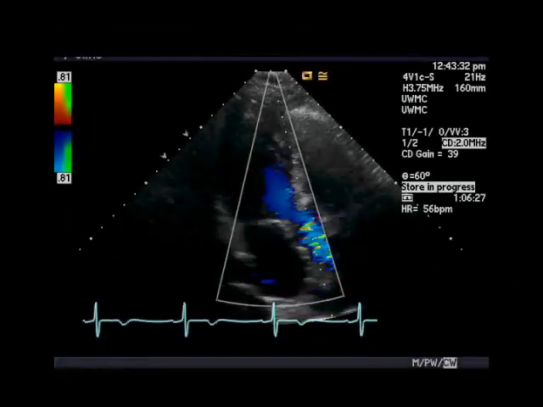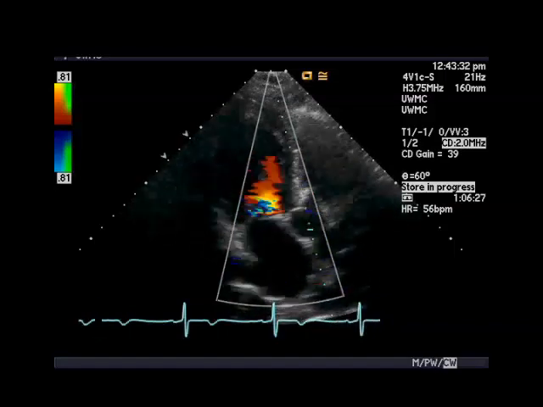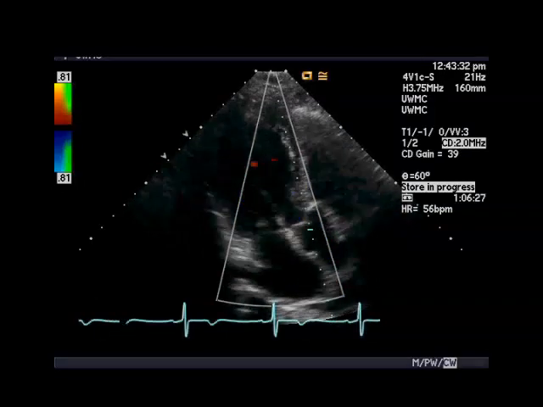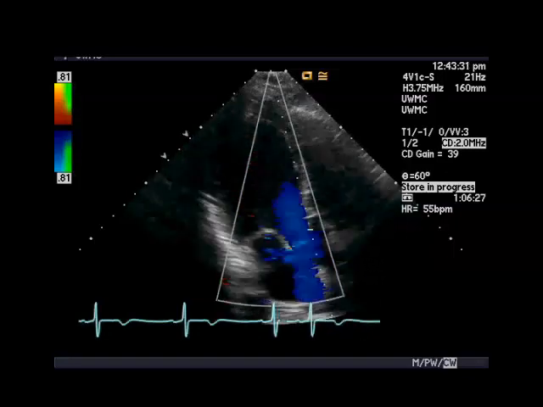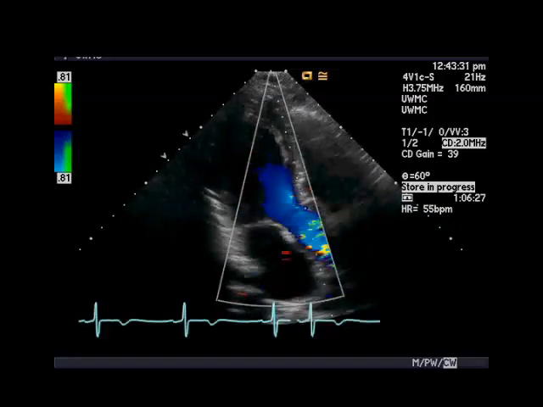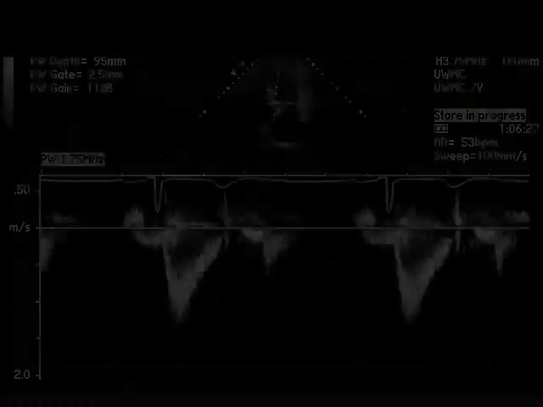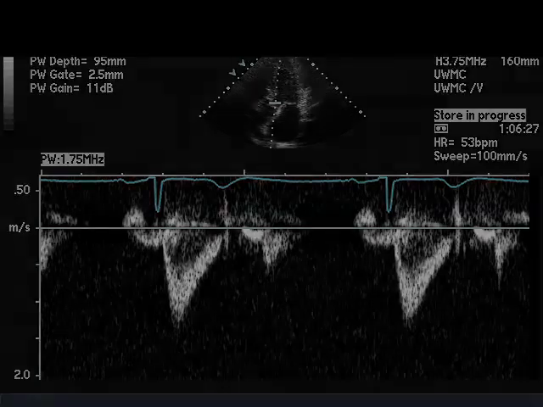The left ventricular outflow curve is recorded in the 5-chamber or apical long axis view with the sample volume position just proximal to the aortic valve for LV outflow tract flow and distal to the valve for aortic flow. The pulse Doppler recording of LV outflow shows a systolic ejection curve with a peak velocity just over 1 meter per second.